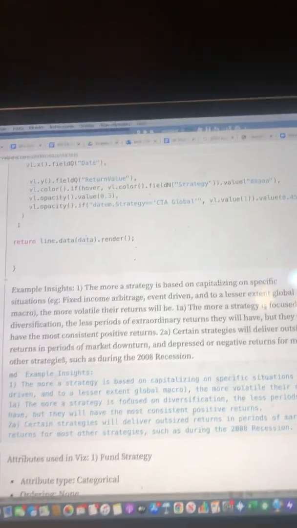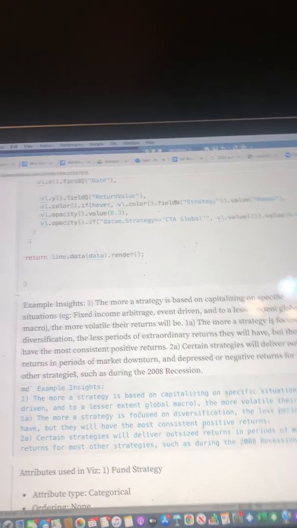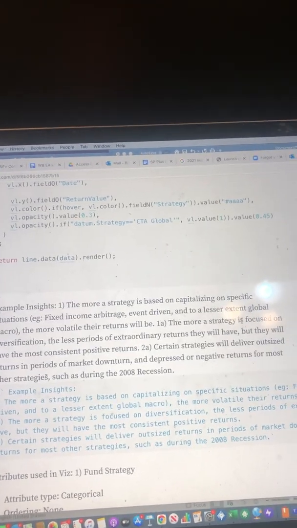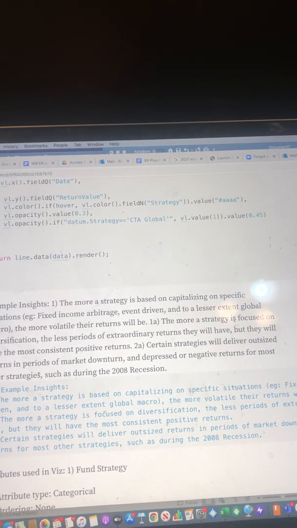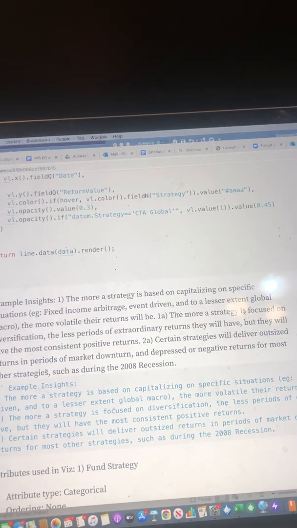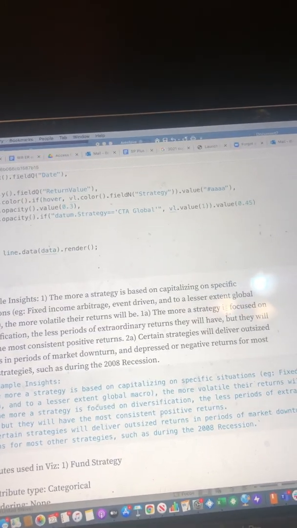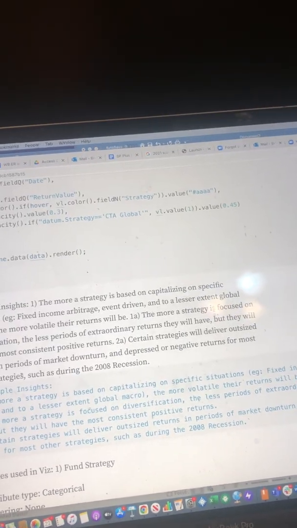So looking into the initial thoughts that I had, two thoughts which inevitably were proved wrong to an extent: the first was that if a strategy was more focused on capitalizing on a specific scenario, such as fixed income arbitrage trading or event-driven trading, and to some extent global macro trading, the more volatile the returns will be.